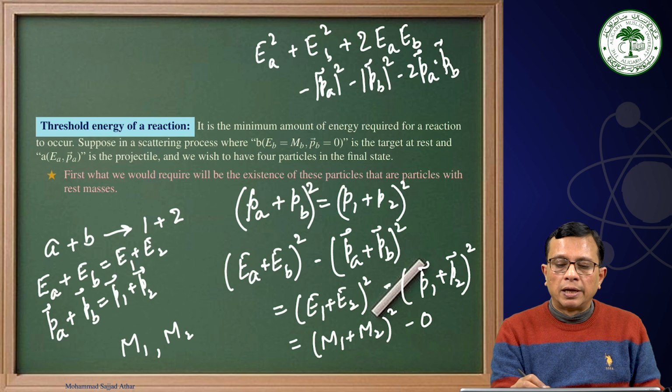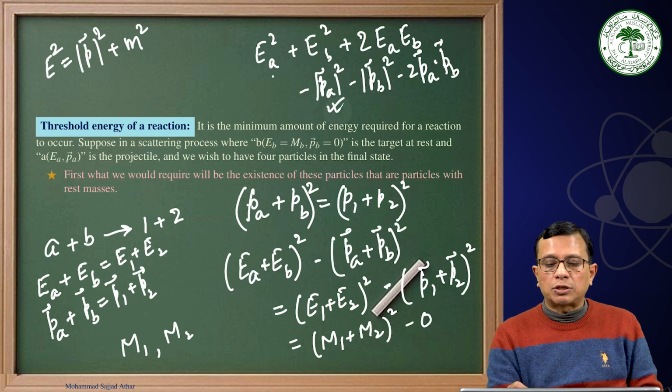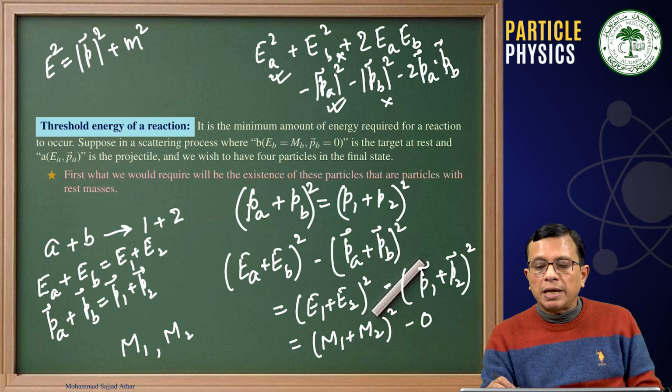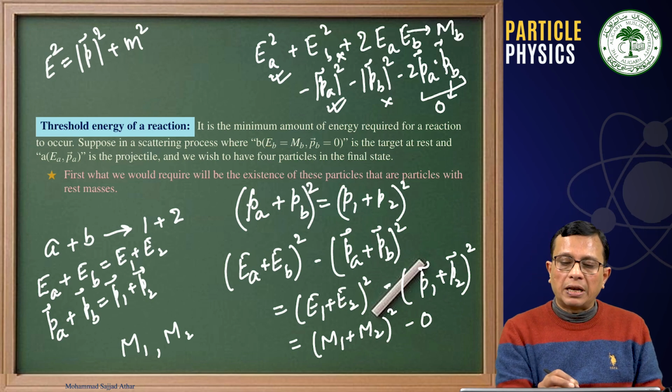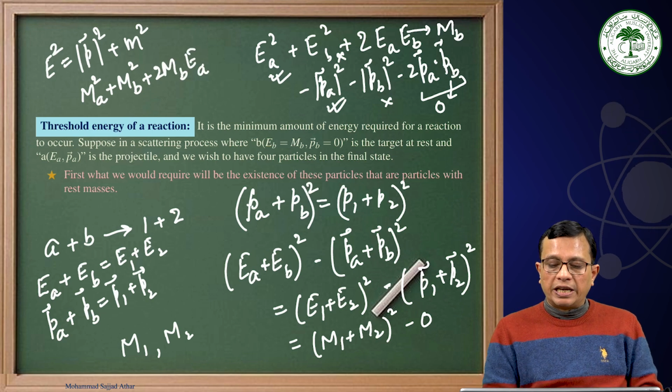Now notice that since E square is P square plus M square, therefore EA square minus PA square will give me MA square. EB square minus PB square will give me MB square. Then particle B is at rest, therefore this term will be 0 and EB will be MB. Therefore, what we will have on the left hand side is MA square plus MB square plus twice MB EA.